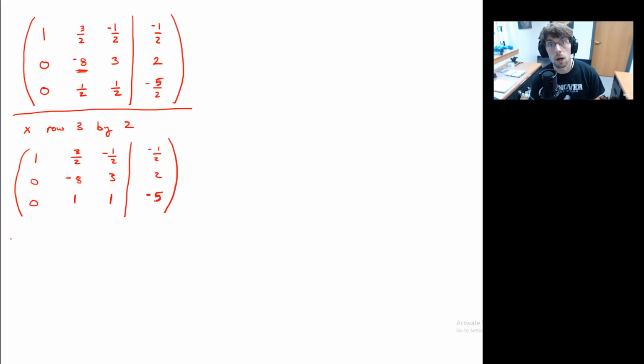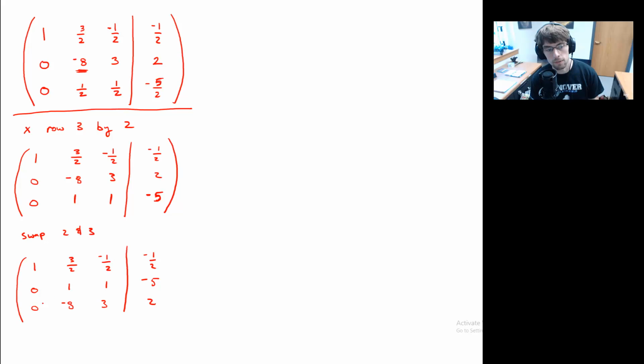Okay, well, at that point, now I'm going to swap rows 2 and 3. So I rewrite that again. Row number 1 I haven't touched, so I'll just leave that as is. Row number 2 is now 0, 1, 1, and -5. And row 3 is 0, -8, 3, 3, and 2.